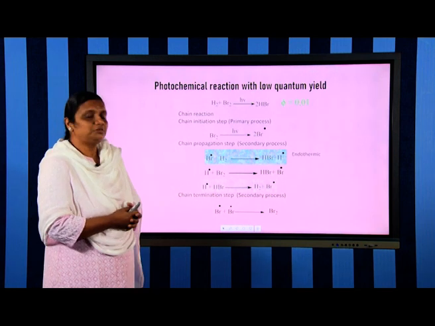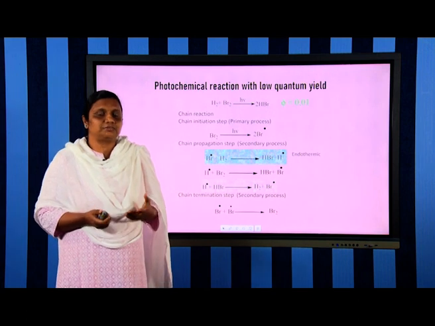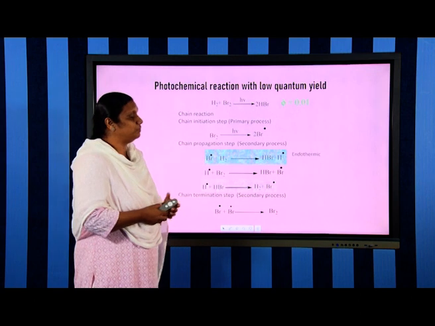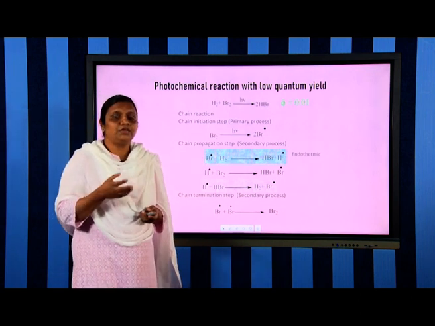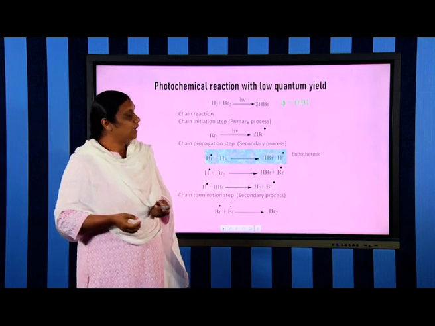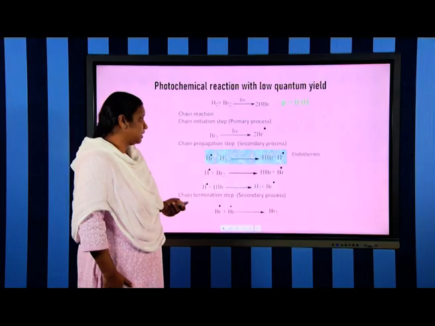Now, here that is not possible, because the heat present in the system is taken up for the reaction to happen, for the product formation. HBr is a product. So, when we talk about yield, we need to know the amount of HBr formed. Now, when HBr is formed, it takes up heat energy. So, the rest of the molecules may not get excited.